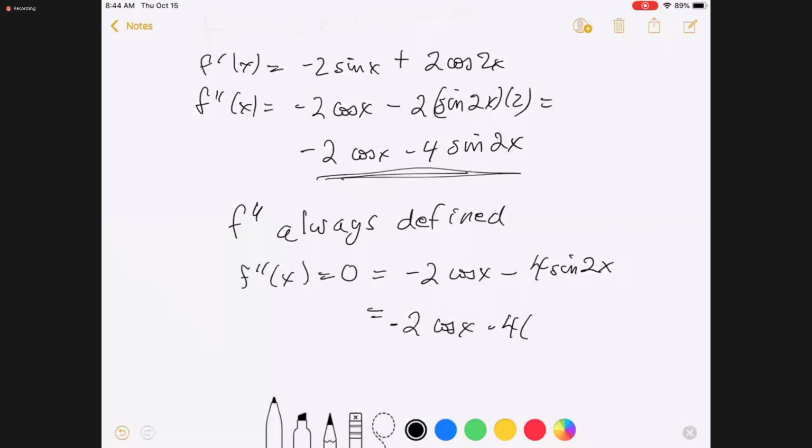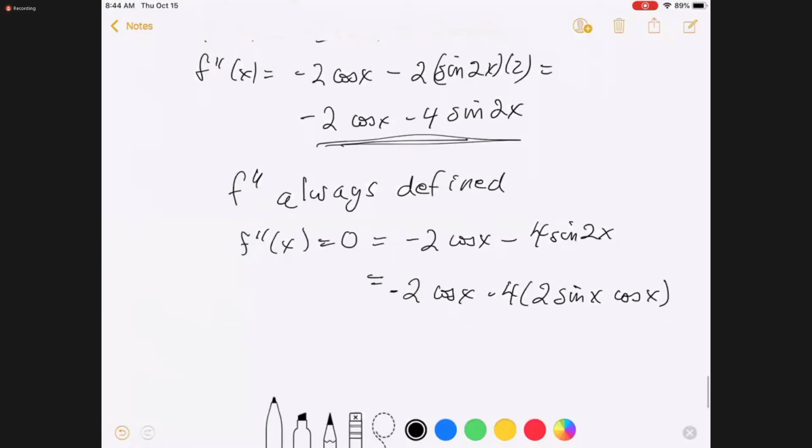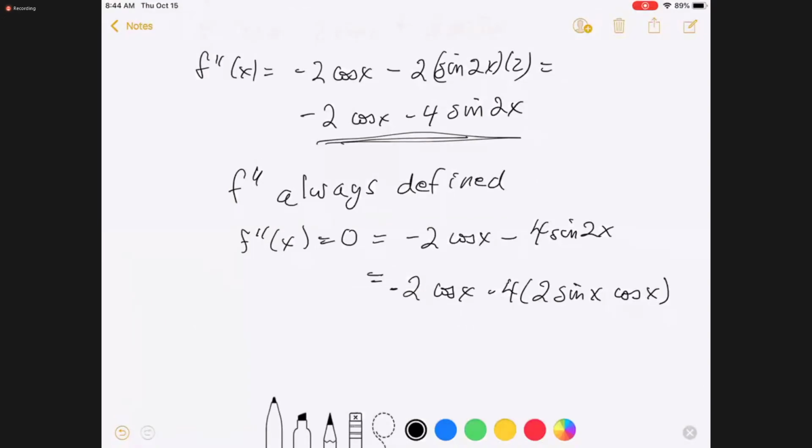Okay, so I'm going to use the double angle formula again. Sine of 2x is 2 sine x cosine x. Both terms here have a factor of cosine x, and both terms have a factor of minus 2.